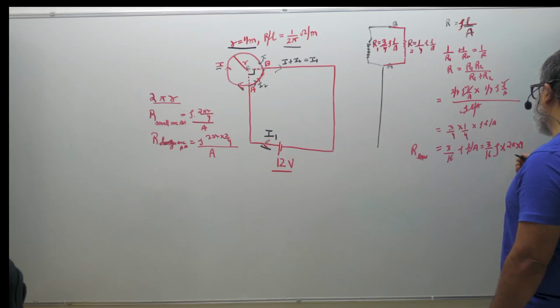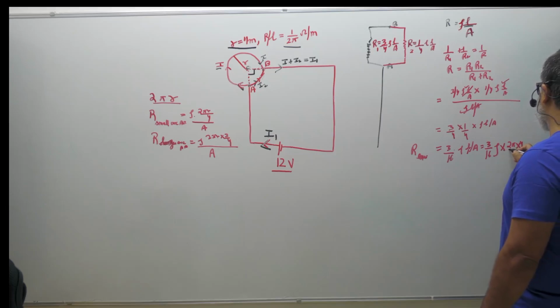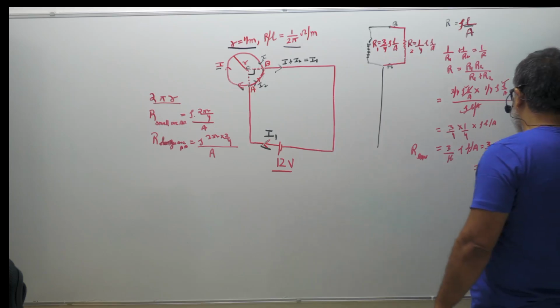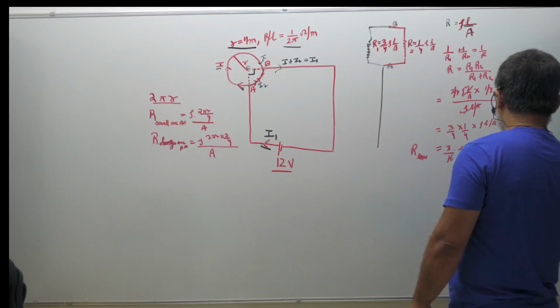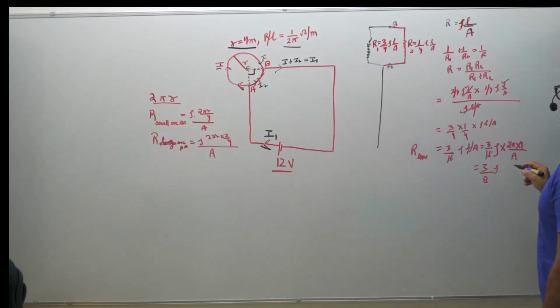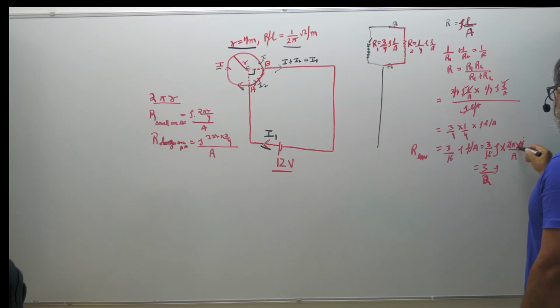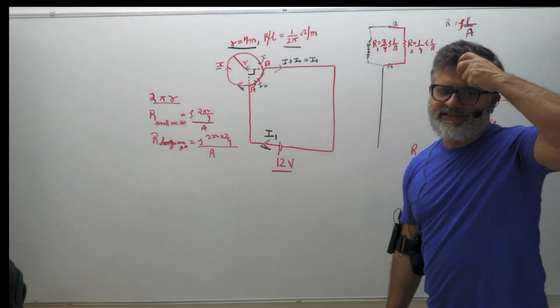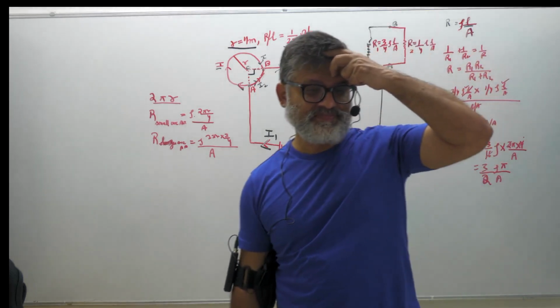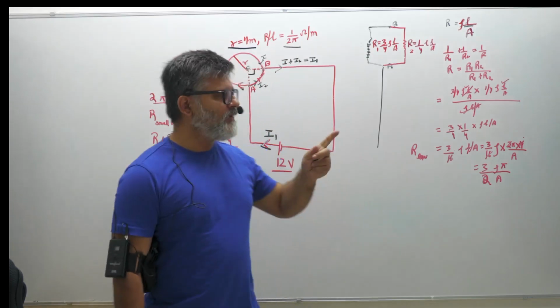We don't know the area, so we will not write it, divided by A. This is what you get. 3 by 8 rho, and this is 4, another 4, so 2, 4 and 8 will go. So rho pi upon A. This is the equivalent resistance of the wire, the two parallel components, right?